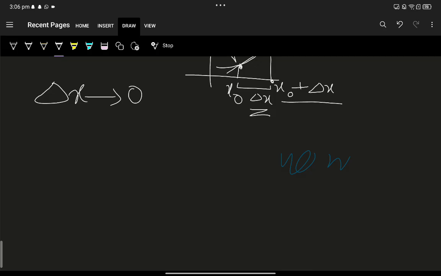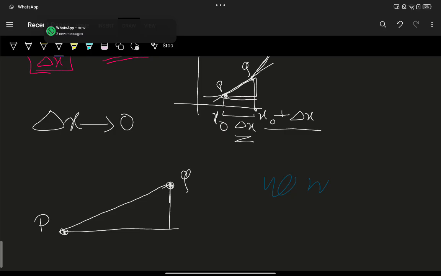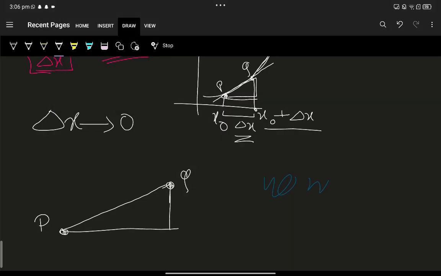So basically it would be something like this, right? This is the first point, so this is delta x. I can actually draw a triangle-like shape over there. This is p, this is q, and the distance at the base is delta x.